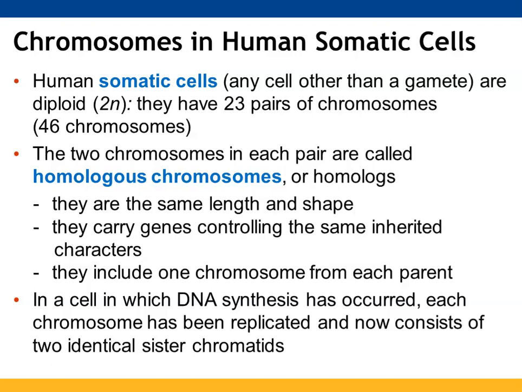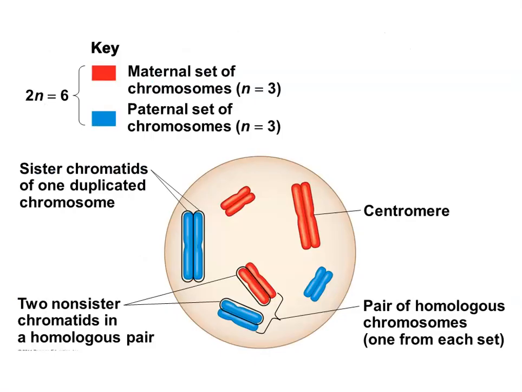When DNA synthesis has taken place, when DNA has been replicated, you will have two copies of mom's chromosome and of dad's chromosome. And when they are together, they are known as sister chromatids. So here you can see a visual, a cell that's undergone the DNA replication process.